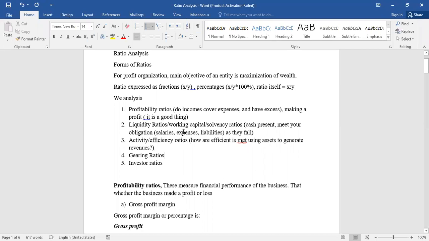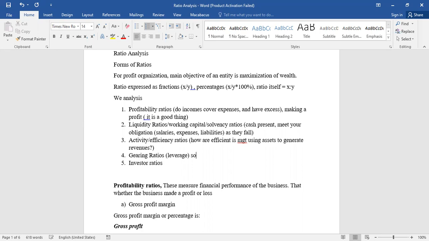Then gearing. Actually, the term we would use is leverage. For gearing, we're saying how much debt you are using compared to equity as a source of finance.